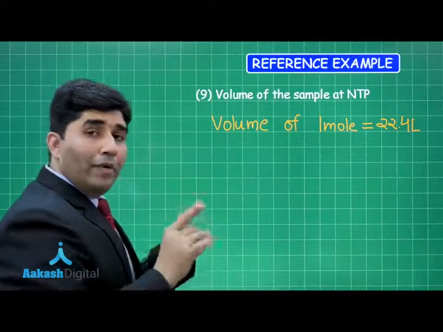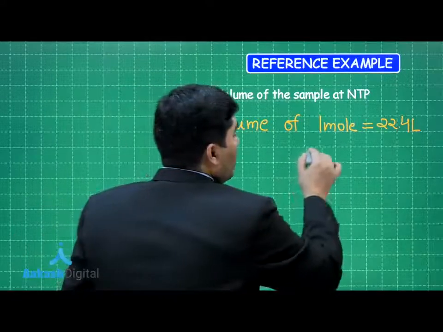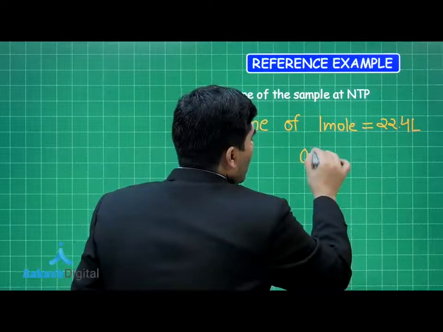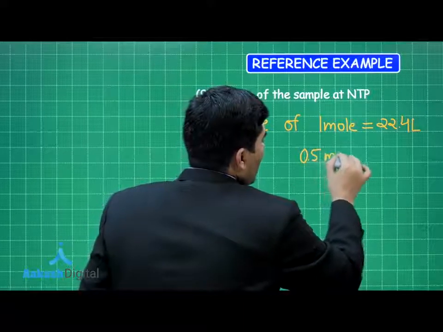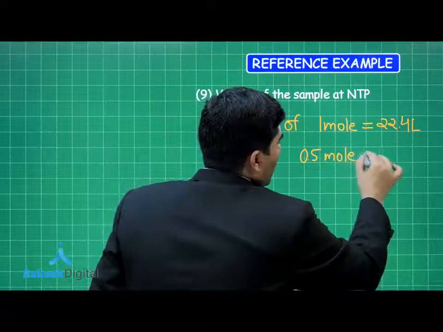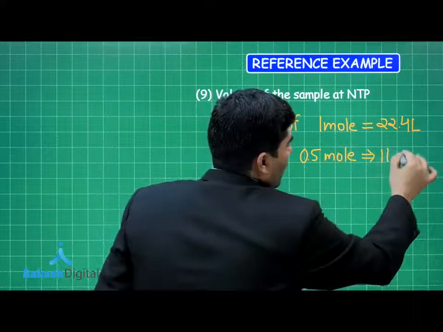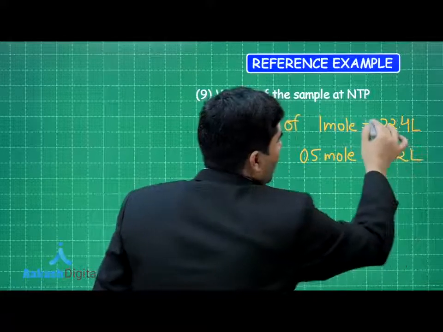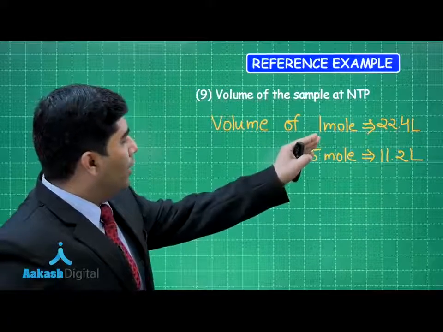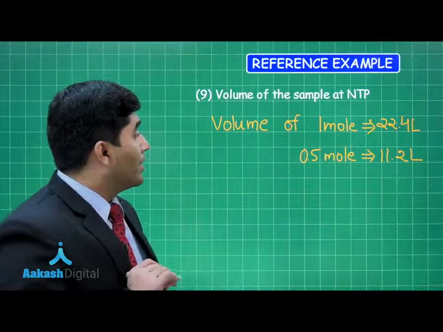And how many moles we have in this question of CO2? That is 0.5 moles. So volume of 1 mole is 22.4 liters and volume of 0.5 moles is 11.2 liters.